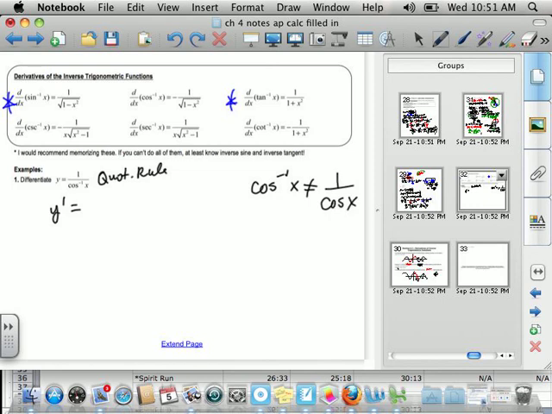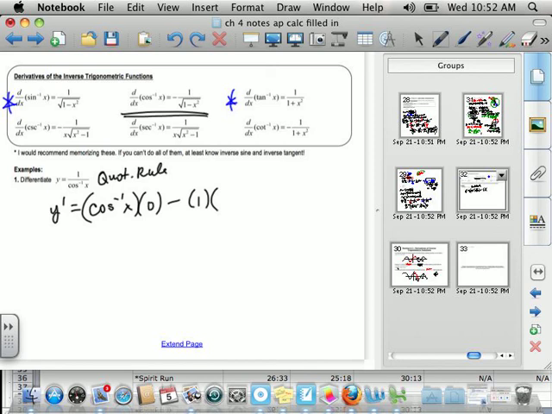Yes. All right. So I have low d high, so derivative of high is 0, minus high d low. So look up for inverse cosine. The derivative of the lower piece is negative 1 over the square root of 1 minus x squared, all over the square of what's below. Kind of messy.